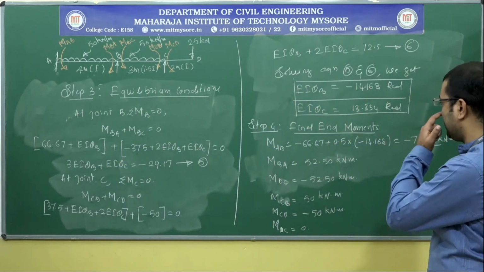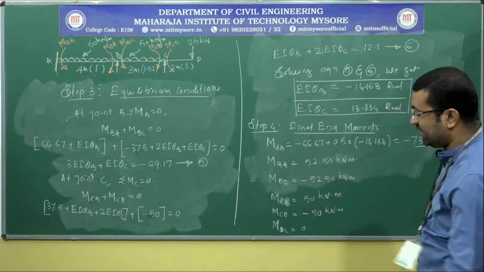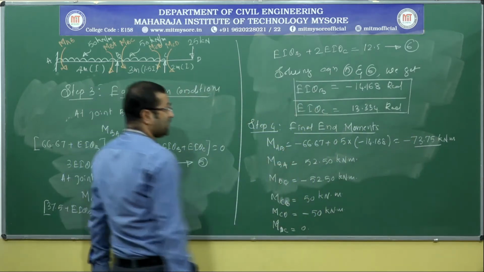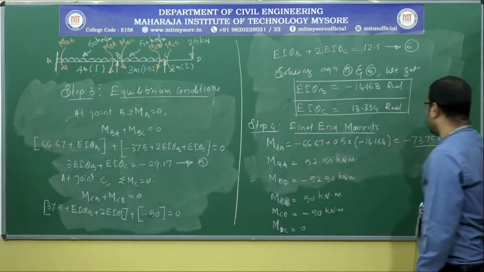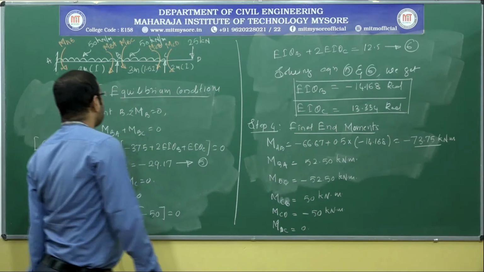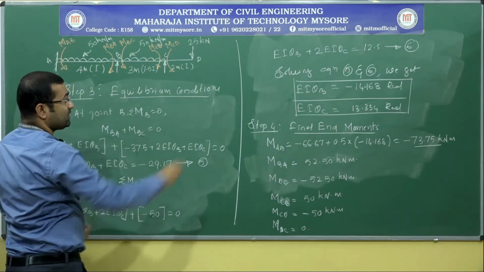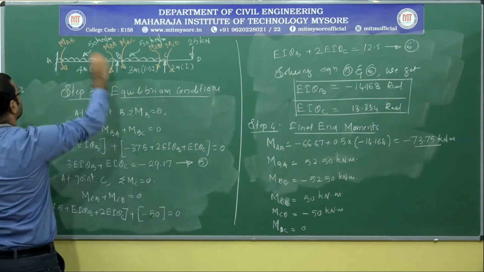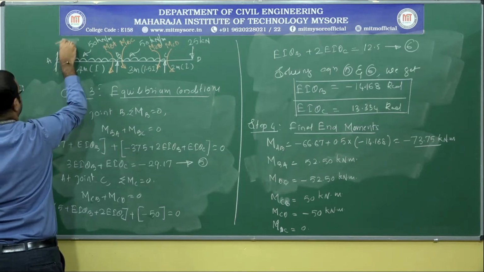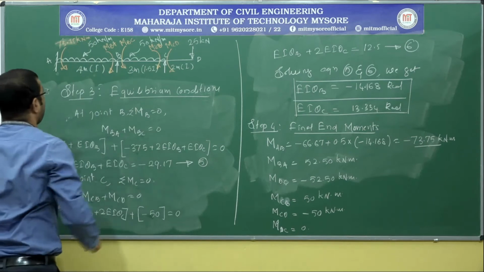Next, our duty is to represent these end moments in the given loading diagram. See here, the value of MAB is minus 73.75 kilonewton meter. Minus indicates it is anticlockwise in direction, so I need to represent this as anticlockwise, 73.75 kilonewton meter.